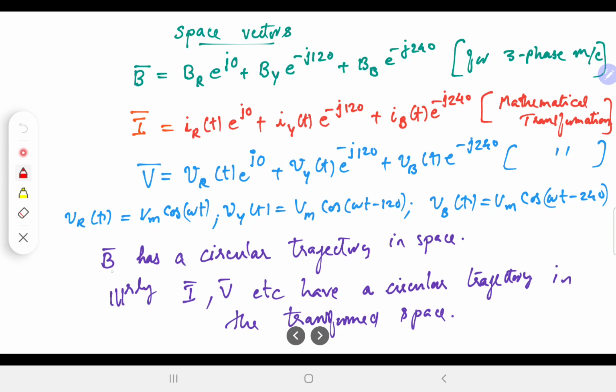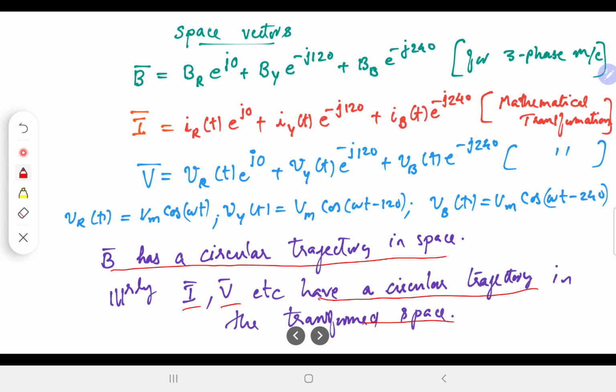So B, we know, is rotating in this space. It's got a circular trajectory in space. Similarly, we can imagine the I bar and V bar, which are mathematical constructs, also having a circular trajectory in the transformed space. So with this assumption, we'll try to understand how you can use this for modulating the inverter.